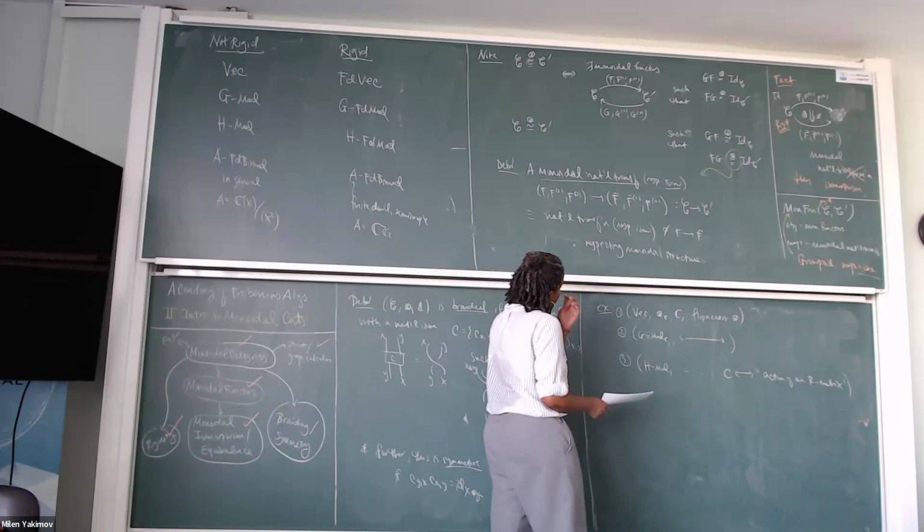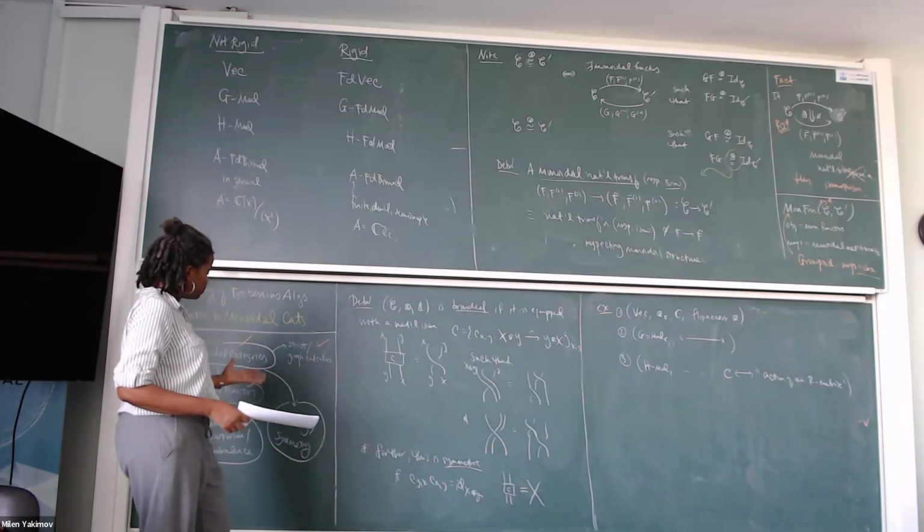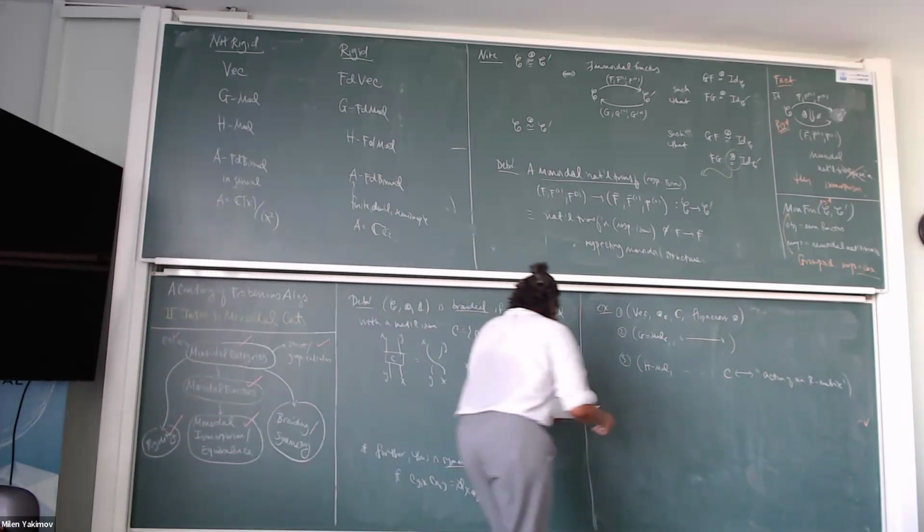All right, so that's what a graded monoidal category is. How do you move from one to another?